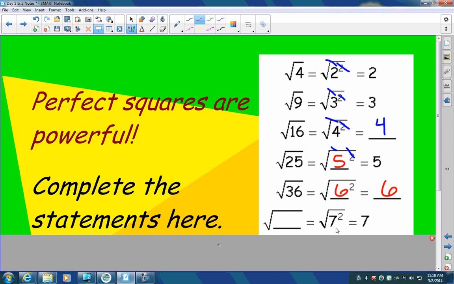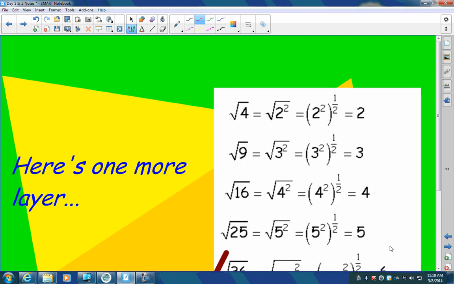This one down here, the square root of 49 would give you 7. These are many different ways of writing the same thing. Just like on your state tests and on the EOC, you have to know how to write it in various forms.